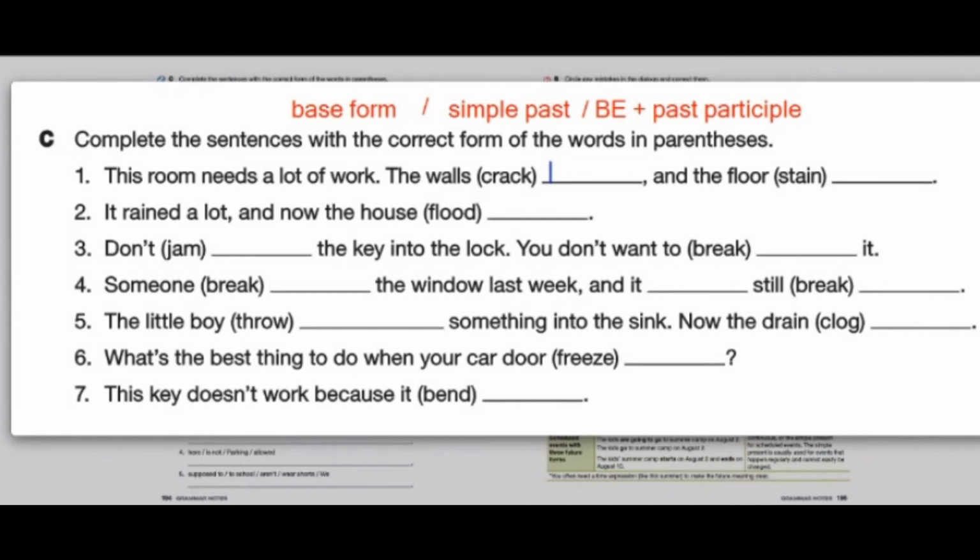Number 1. This room needs a lot of work. The walls cracked and the floor stained. Thank you very much. What's your opinion? I agree, I disagree.